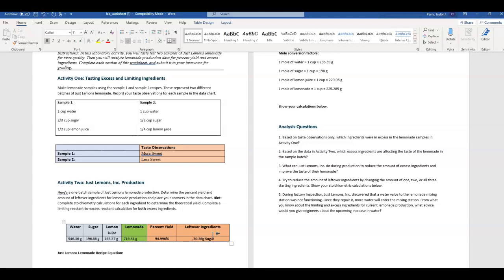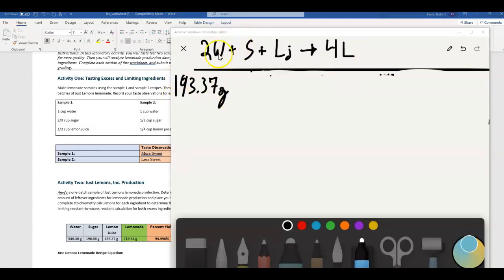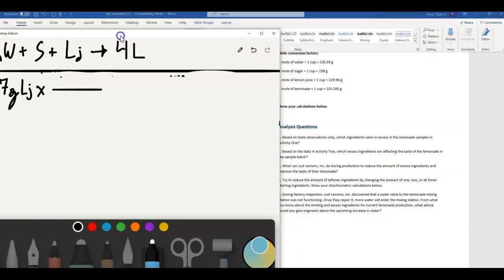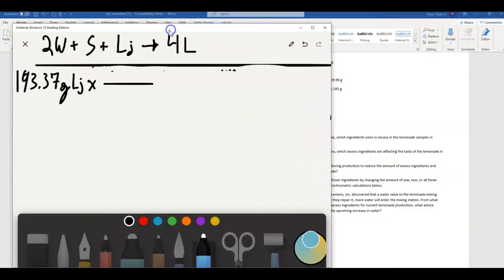And we gotta do the same thing with water. So bear with me. Again, we're starting with our 193.37 grams of lemon juice, but now we're gonna see how much water is gonna react with this. Again, we're gonna do the same thing we've been doing this whole time. Divide it by 229.96.